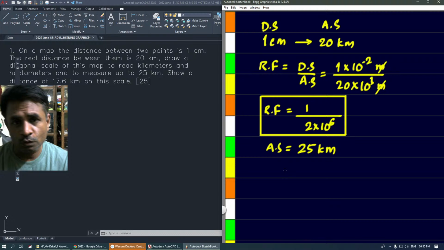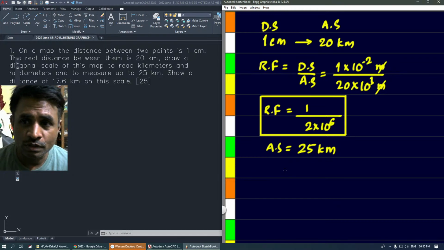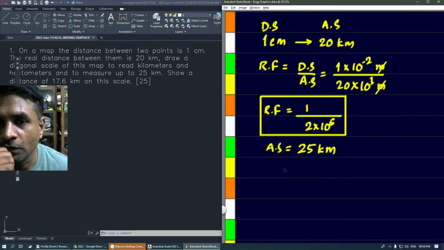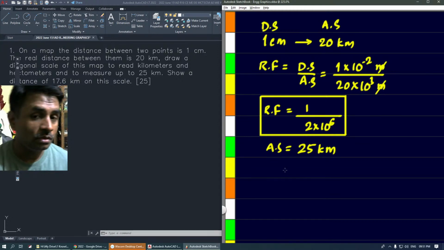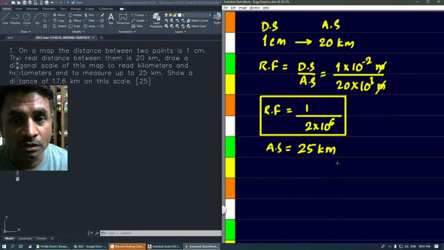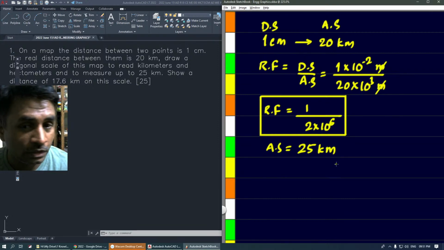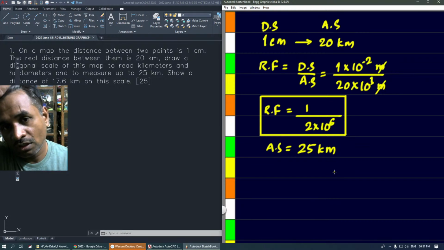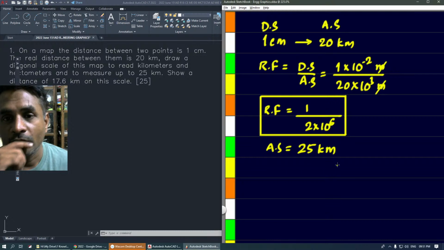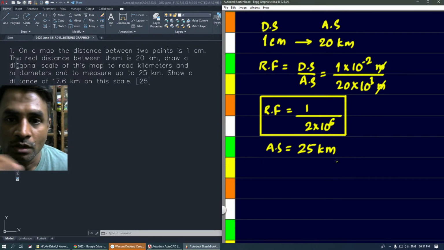Something is really wrong with this question, because 1 centimeter is representing 20 kilometers, and we're supposed to draw a maximum of 25 kilometers, and with the diagonal scale we're supposed to show 17.6 kilometers on that. This is going to be very difficult to draw on paper. It's almost not possible at all, because within a centimeter we need to not only make a number of divisions, but we'll also have to make the scale.